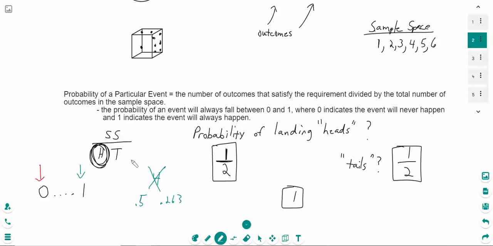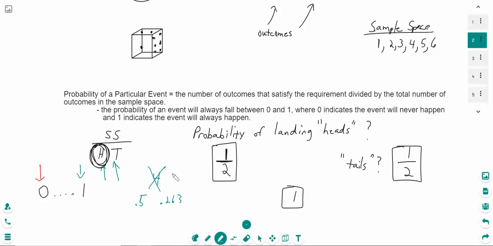And if you take all of the outcomes and find the probability for each outcome, just like we did here, we found the probability for heads and the probability for tails, once you've found all those probabilities, they should all add up to 1, just as they did here. 1/2 plus 1/2 is 1. Because think about it, what you've done is you've found the probability for every possible event.